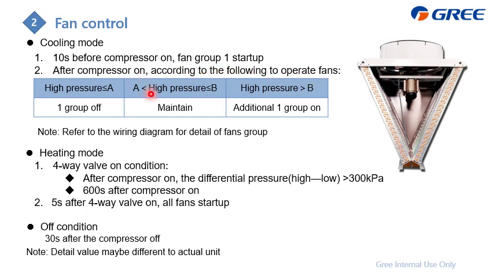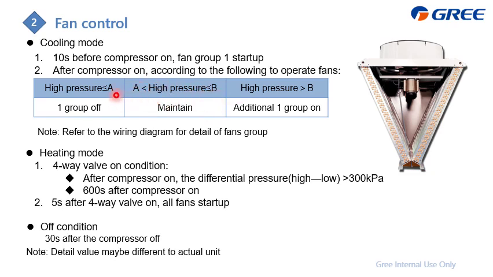The control for cooling mode is like this. 10 seconds before the compressor turns on, we will start up one group, and after that, based on our desired high pressure, we need to maintain it in our desired range, which is A and B.